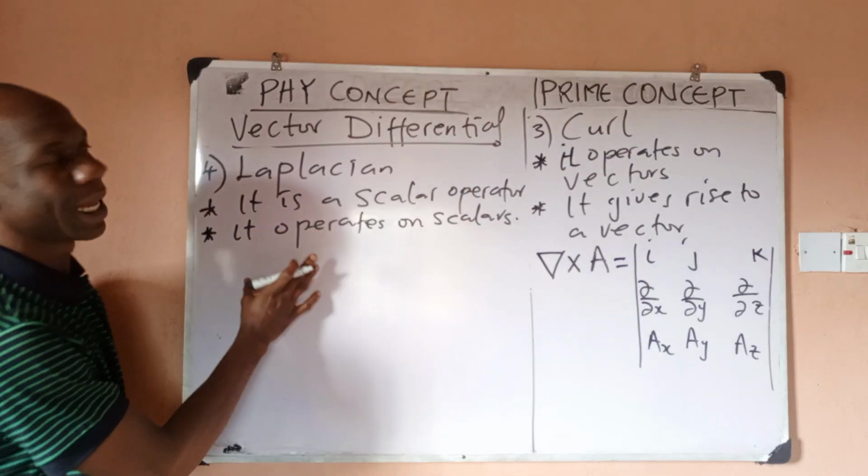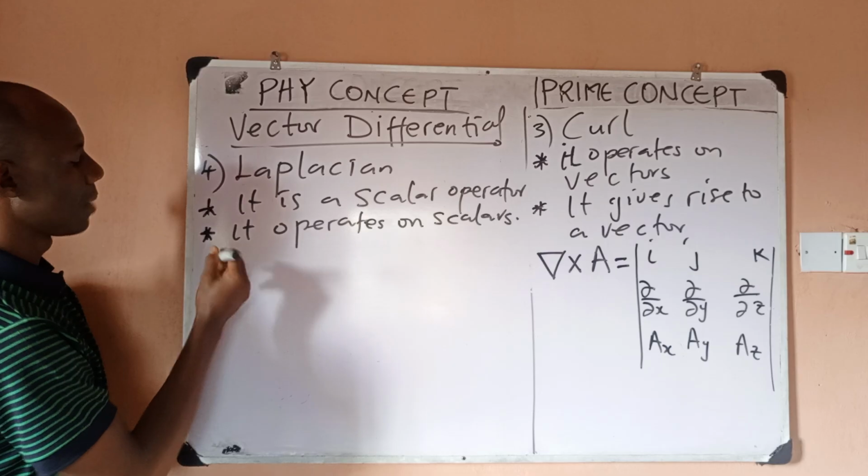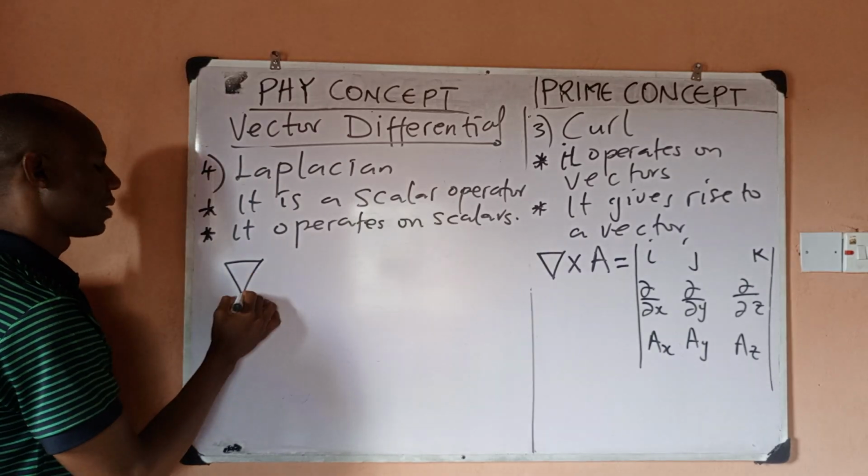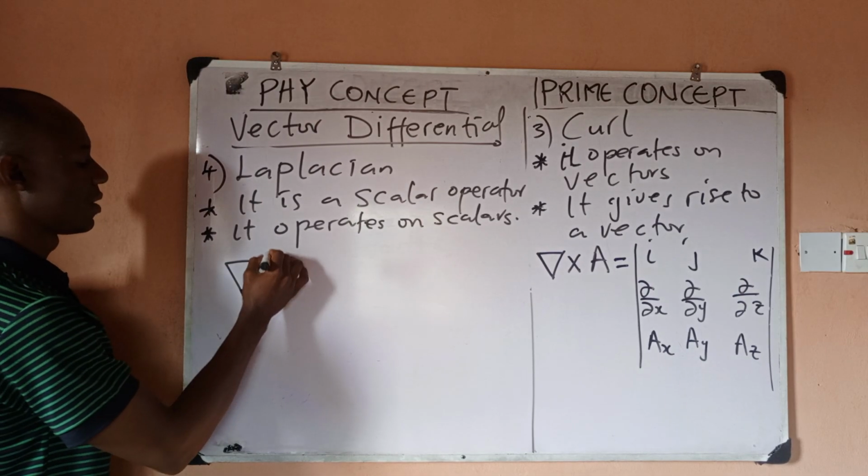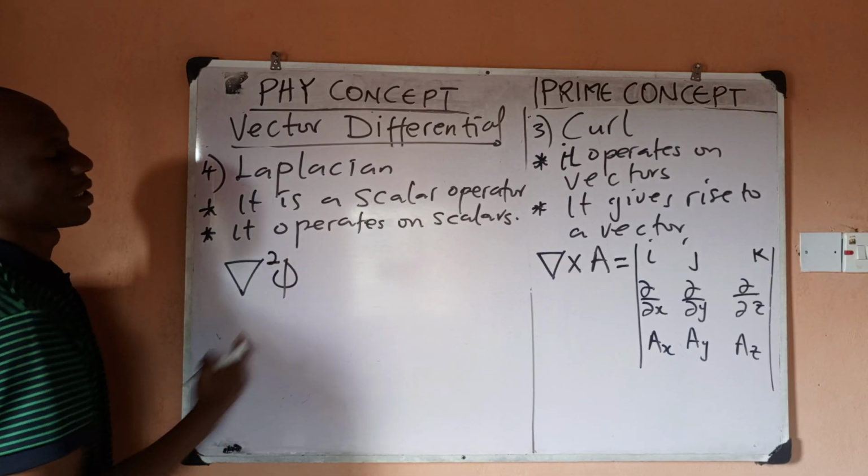So that is the Laplacian, right? Now, the Laplacian is given by the formula. It's just like a double second derivative. And then say we have our scalar.